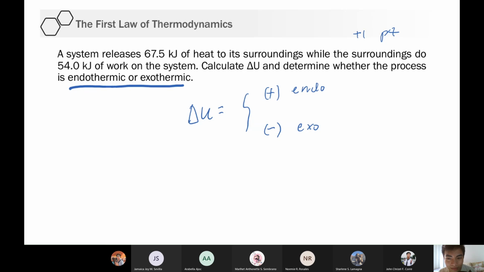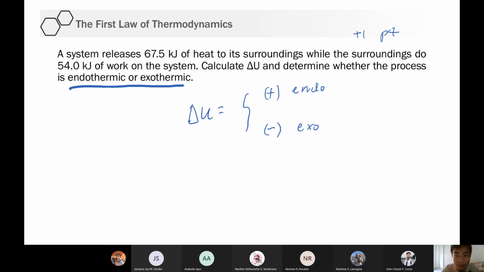So, nagsagot si Arabella, si Marvin, Charlene, si Marlet, si JC, si Noemi, and si Jamaica. Baka last time si Jamaica di niya nakita chat, habol mo na lang dito sa chat box. Nasa baba yung chat. Dali lang, no?